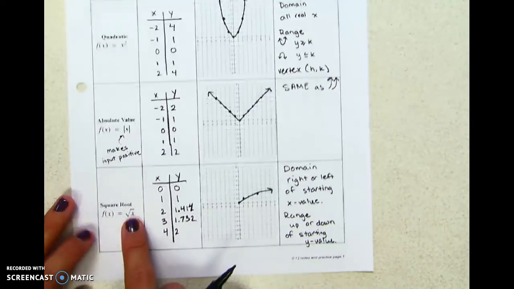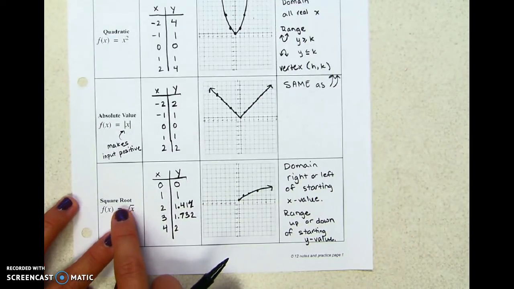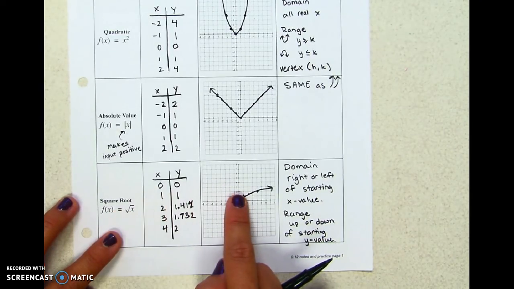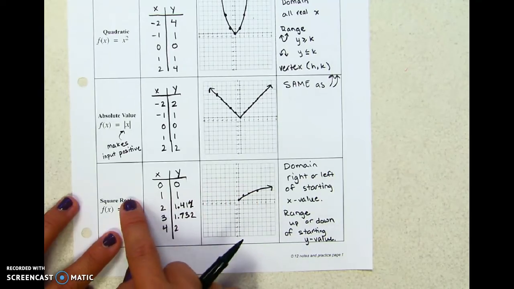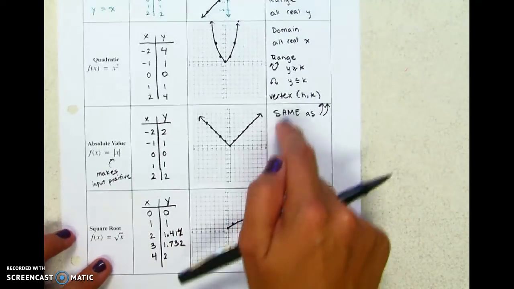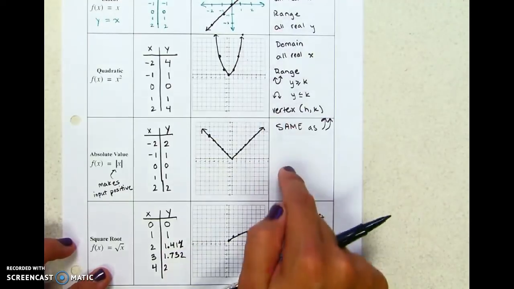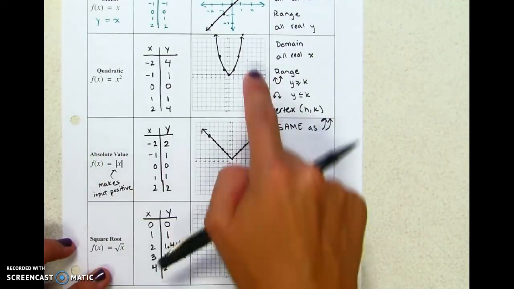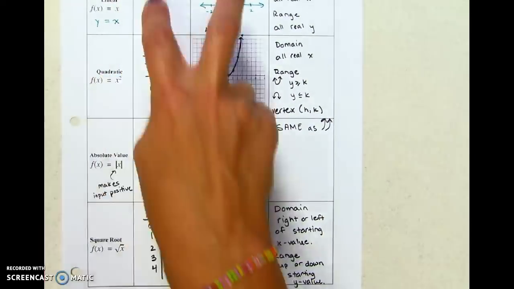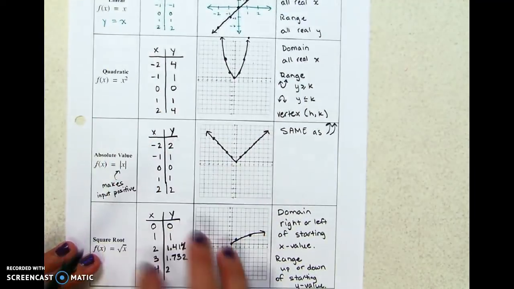If you see the square root of x, you should know that's a square root, and it draws this picture. So these three things, domain and range, we're going to work on that a lot next unit. But can you name all of them? Can you match them together? Yep. Okay.